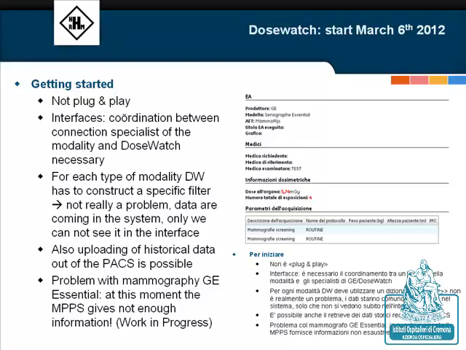That is really important information. The kV you need to know, the thickness of the breast you need to know. This is work in progress, and they know it, because this information is in the DICOM header. But the MPPS that is sent out doesn't give all the information. Just to say that it's a fantastic tool, but not everything works at this moment.